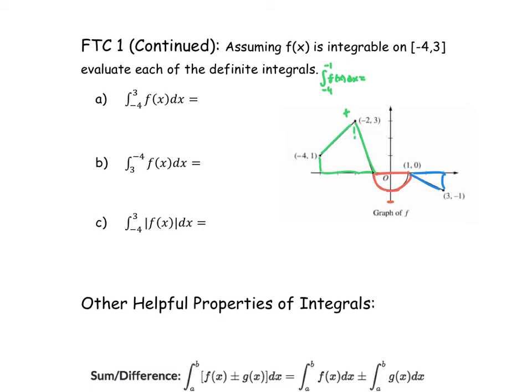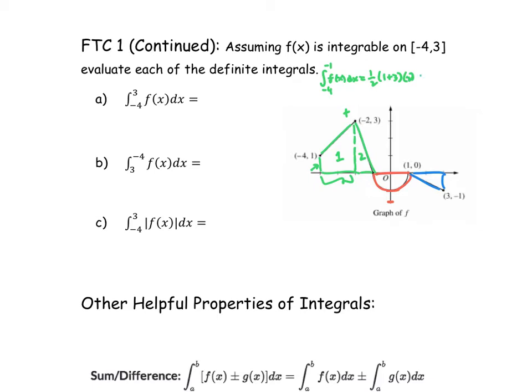That would be a trapezoid in this first space and a triangle in the second space. The trapezoid would be 1/2 the sum of the two bases. The first base would be a height of 1. The second base would be this dotted line right here, which is a height of 3. And the height is the distance between these two bases, which is 2.